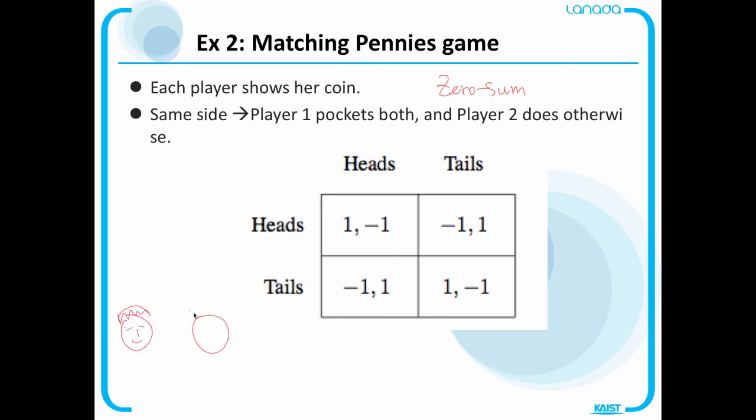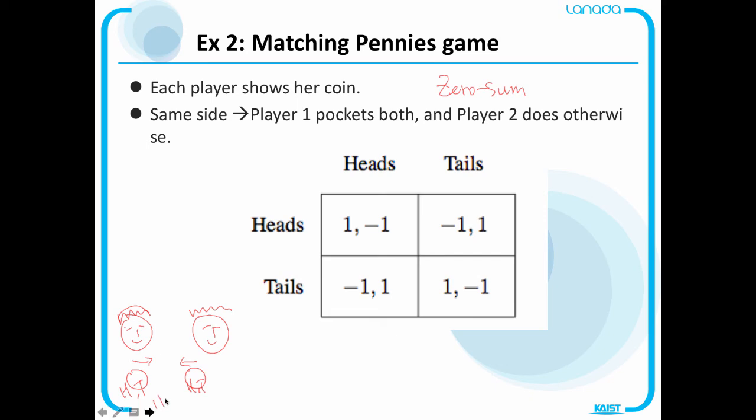We have two people, and they each have a coin, and obviously the coin has a head or a tail. Without any dialogue between these two, they show their coin, head or tail.